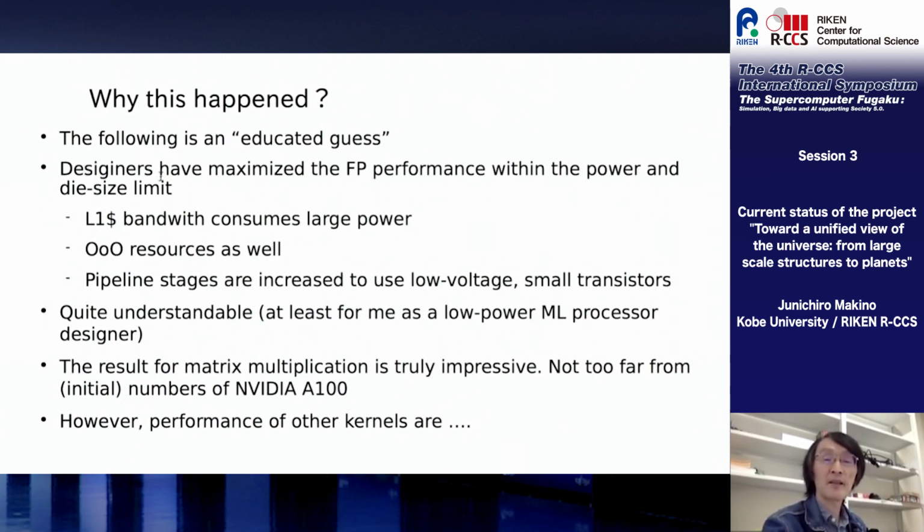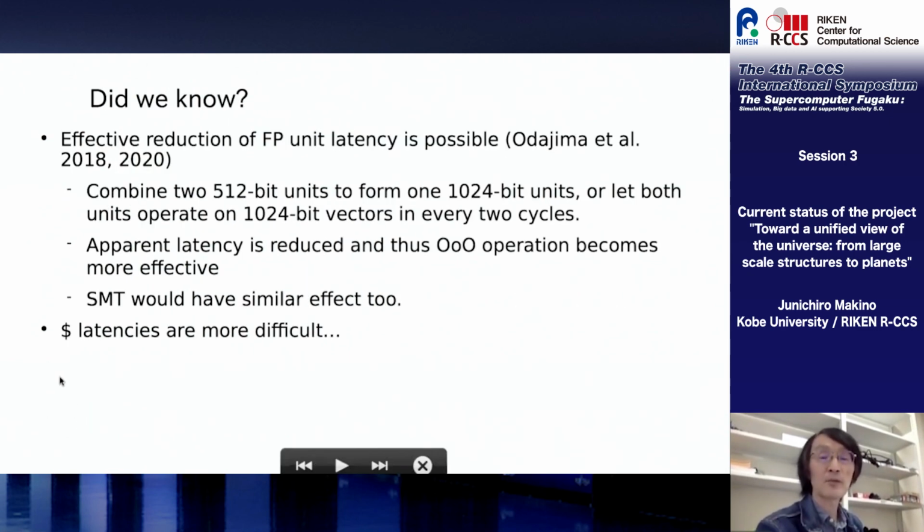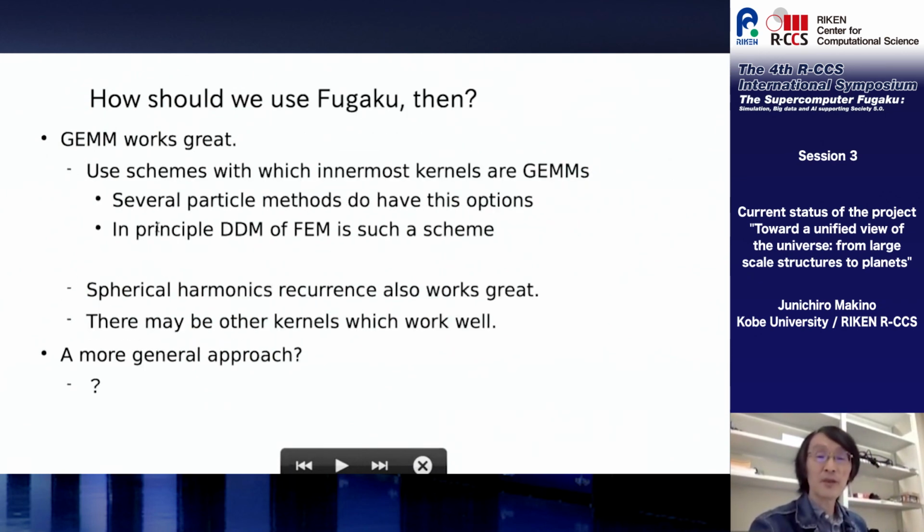Basically, the design is to maximize the floating point performance within the power and the chip area budget. And the result is quite impressive, not too far from the initial numbers of the NVIDIA GPU for the watt performance number, but this is not achieved for general applications. So we sort of knew that.